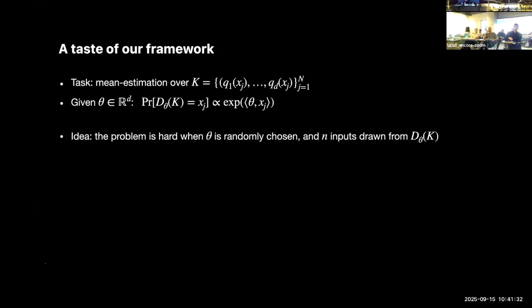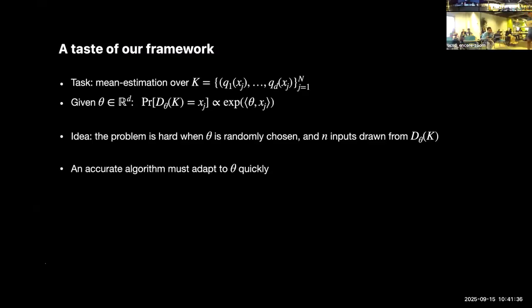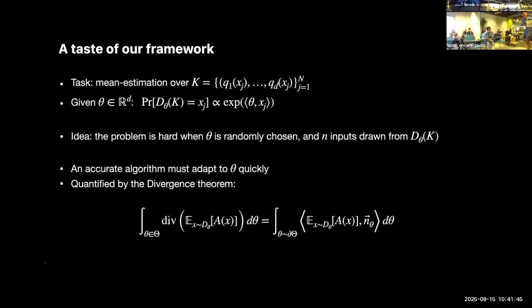Now let's take a global viewpoint, where we say an accurate algorithm must adapt to data quickly. Here we use another popular theorem from calculus, the divergence theorem, which says the following. Imagine you have a closed, or maybe even compact, smooth region, whatever good property you want it to have. Let's say you have such a region theta, and you take the integral of the divergence of the algorithm over this region.